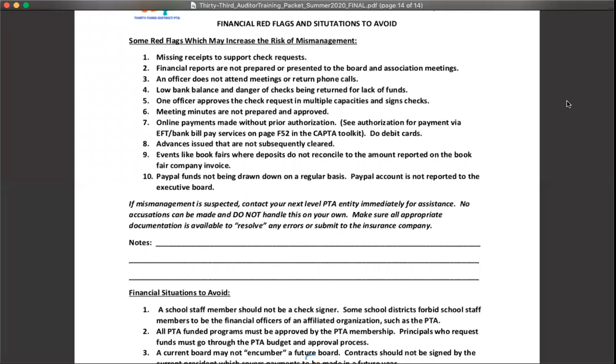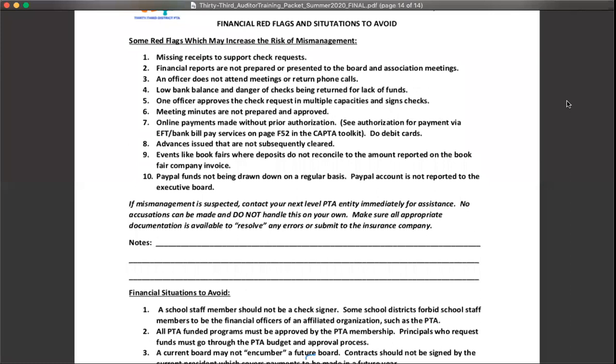But sometimes I've seen where they don't attach those daily reports, and there was a situation where when the book fair invoiced for their share, they showed a lot more revenue than what was processed through the cash verification forms. So you want to make sure, like, for example, World's Finest Chocolate, you should be making double of what is ordered. You pay 50 cents, you should get $1. If that doesn't look right, then investigate that. So you have to look at the reasonableness of, especially fundraisers, if it doesn't make sense.